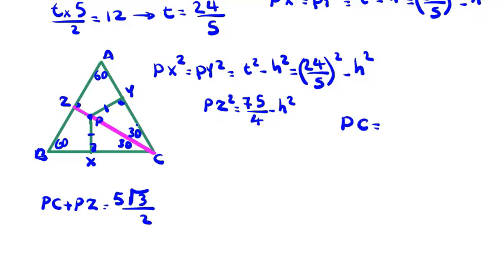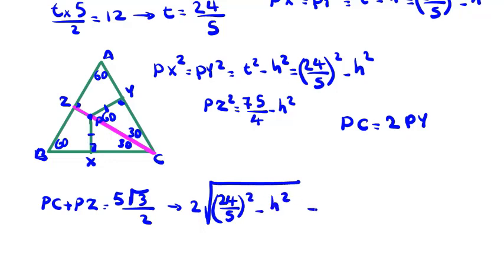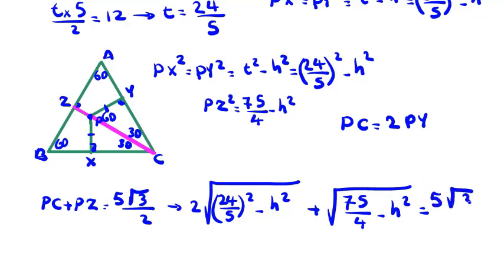PC we know, because it is 60 and it is 30, so PC is twice PY, because we know the side opposite 30 is half of the hypotenuse. So 2PY is 2 times root of 24 over 5 squared minus h squared. PZ is root of 75 over 4 minus h squared, and the sum equals 5 root 3 over 2.